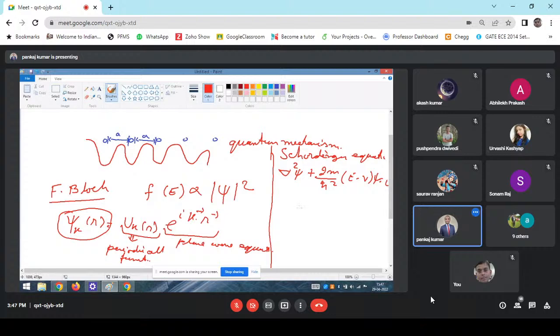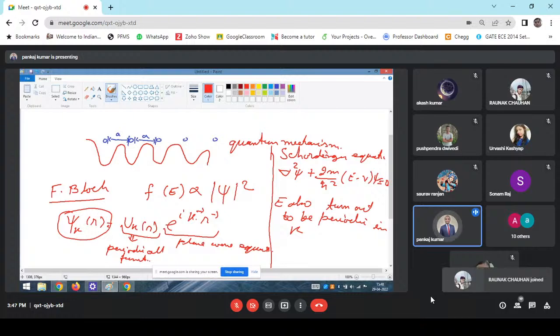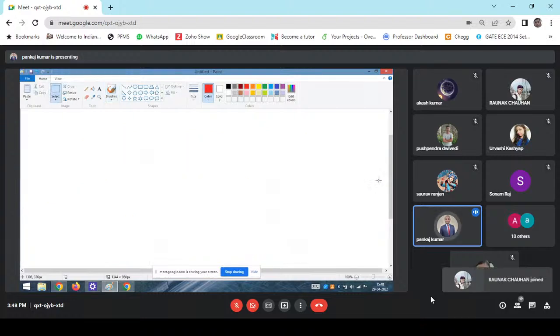what we found is that E also turned out to be periodic in k space. So from this, he proposed that E is also a periodic function of k. Periodic means what?